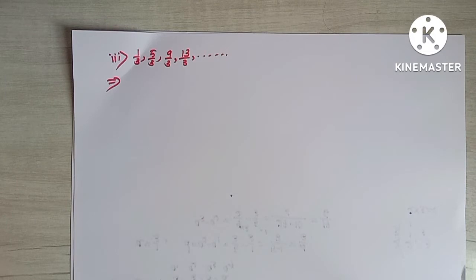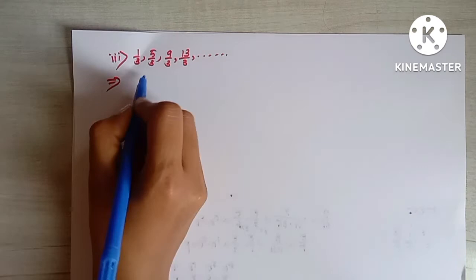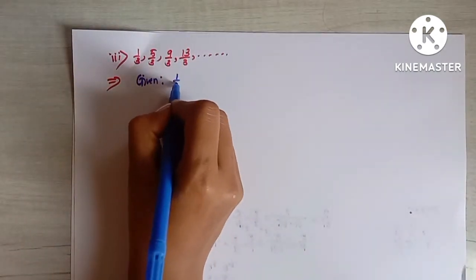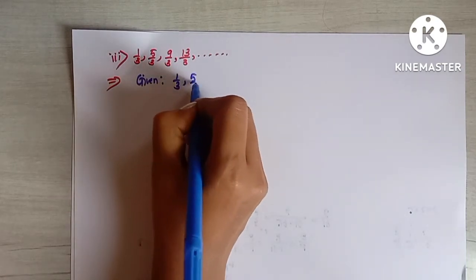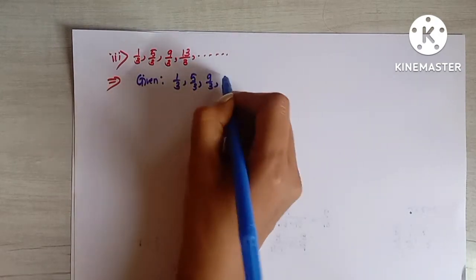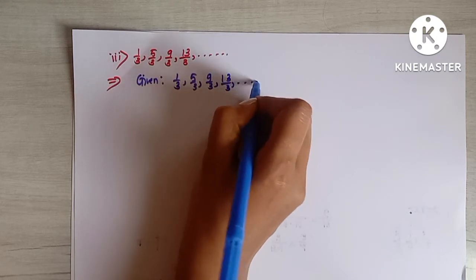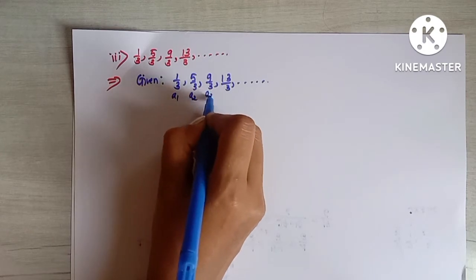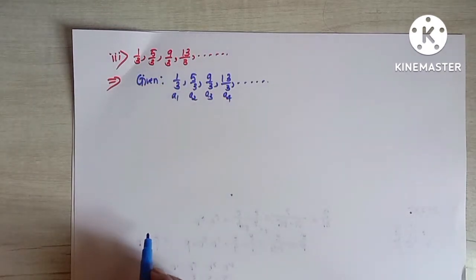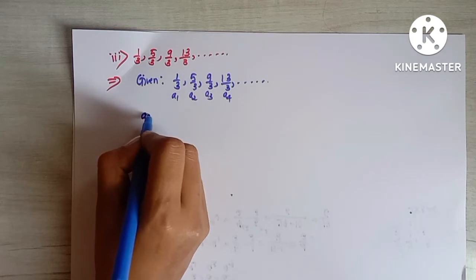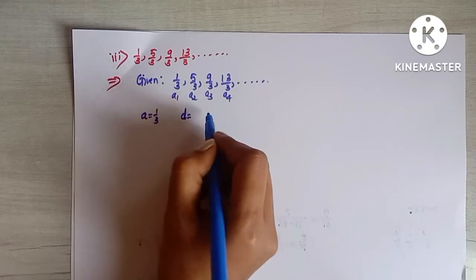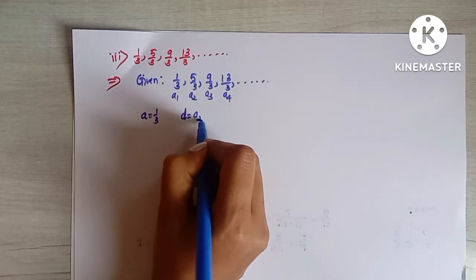The third question is 1 by 3, 5 by 3, 9 by 3 and 13 by 3. So first we have to write the given things. So therefore the given series is 1 by 3, 5 by 3, 9 by 3 and 13 by 3 and so on. So let us denote it as A1, A2, A3, A4. So we have to calculate A, that is 1 by 3 and D value. So D is A2 minus A1.